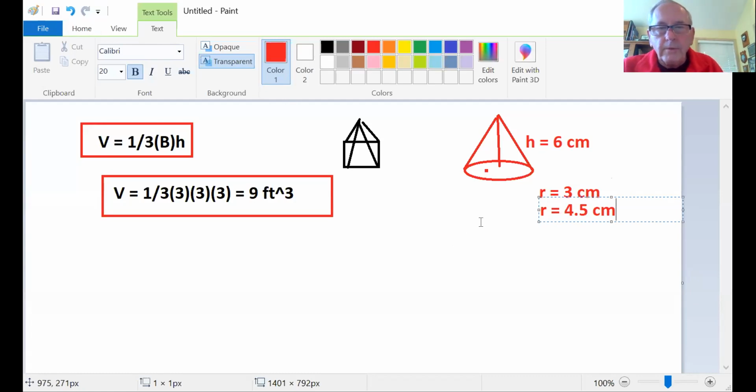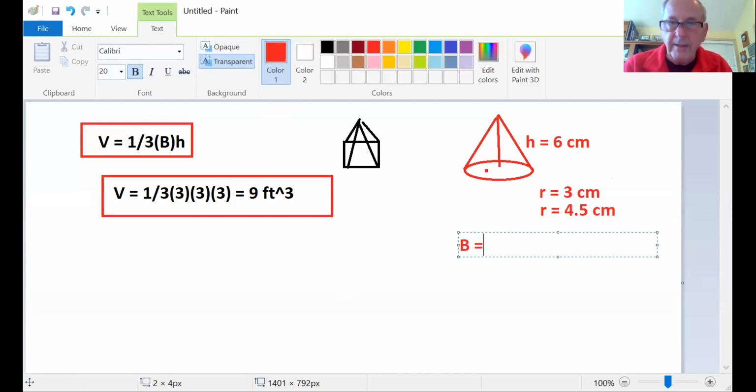Okay. So now it's the same formula up here. 1/3 base times height. So the base, you can calculate what that base is. That base is equal to pi r squared, right? So 3.14 times r squared, which is 4.5 times 4.5, right? That'll give you the area of the base.